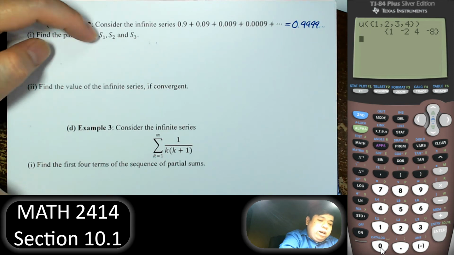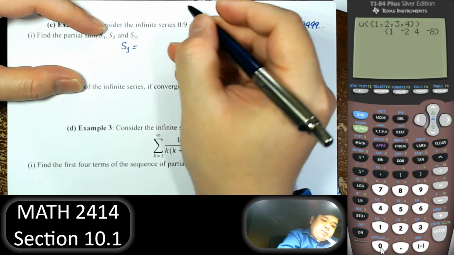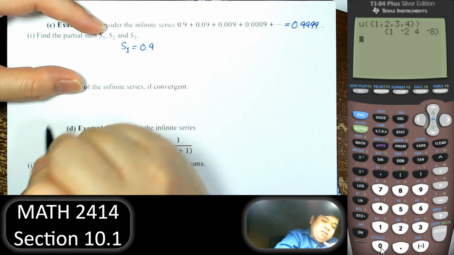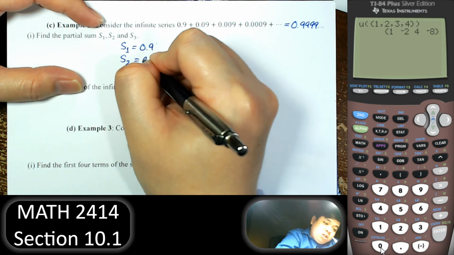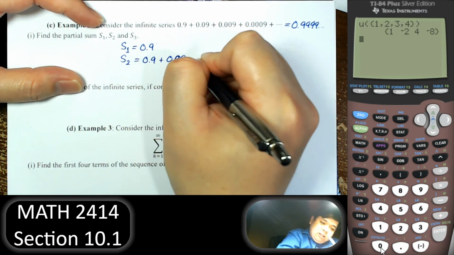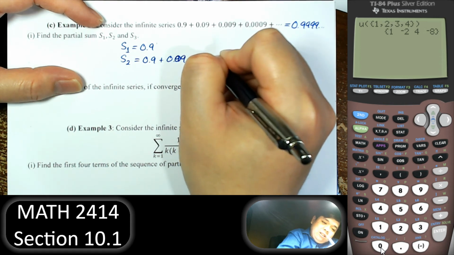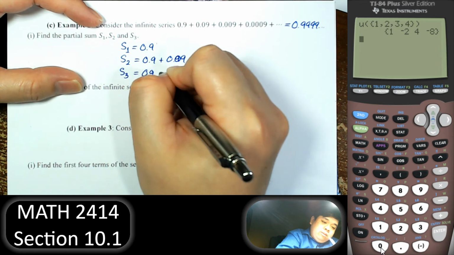But let's write the partial sums. S1 means we have one term. S2, the sum of the first two terms. S3, the sum of the first three terms.